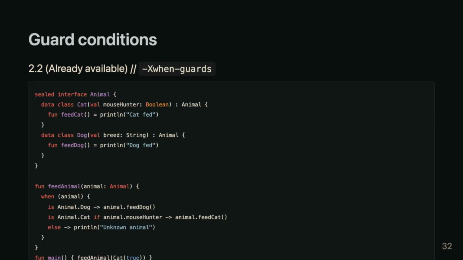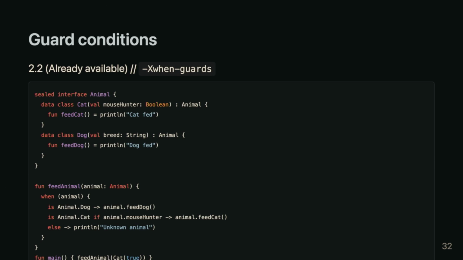All right. Guard conditions. Okay, so this is essentially doing if statements within when conditions. I apologize if this code is a little tiny. This is the smallest code sample I have. Everything else is a little bigger.